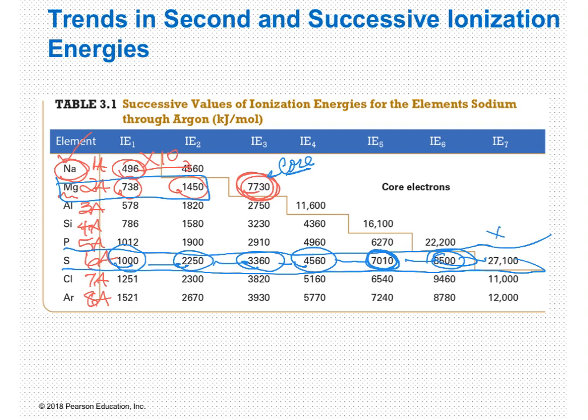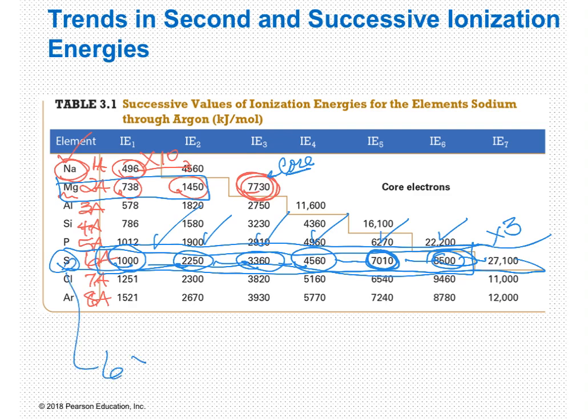Whoa, okay, that's almost a factor of 3 larger. That is a big jump, okay? So all these ones that were easier to remove, you would call valence electrons and just count them. 1, 2, 3, 4, 5, 6. So this substance, you would say, has 6 valence electrons, okay?